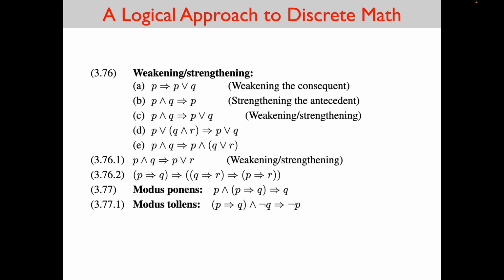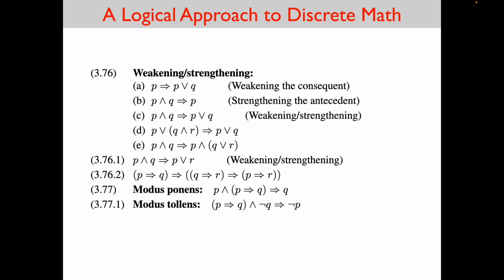And so the terminology for 3.76a is that P implies P or Q. That is called weakening the consequent because the consequent is weaker than the antecedent P. And then the other way around, 3.76b is P and Q implies P. So here again, P and Q is stronger than P. So we call that strengthening the antecedent. And we can combine these. P and Q implies P or Q in part C.